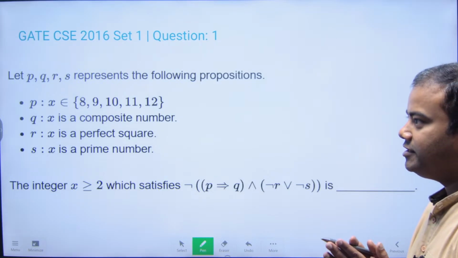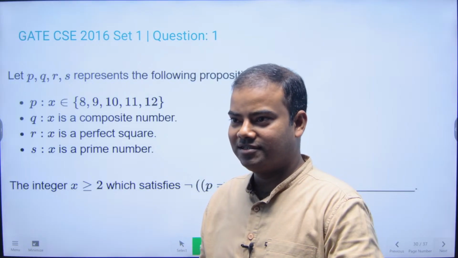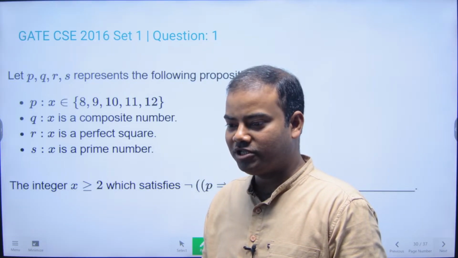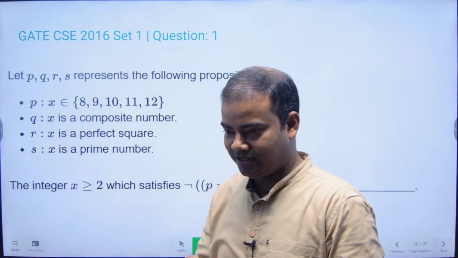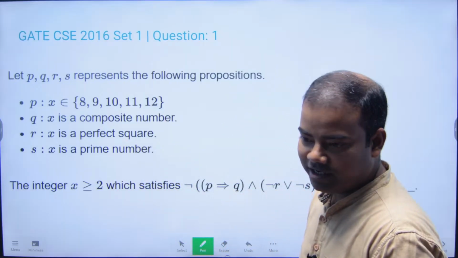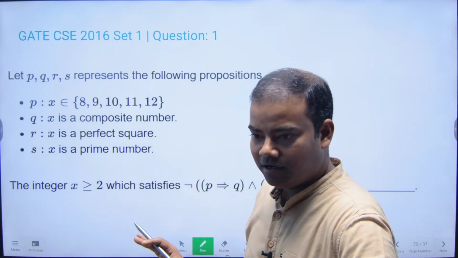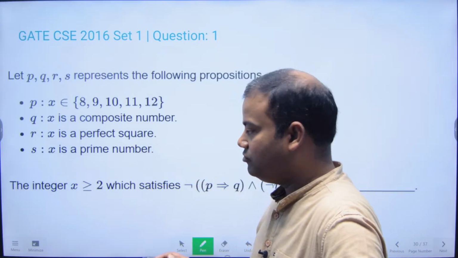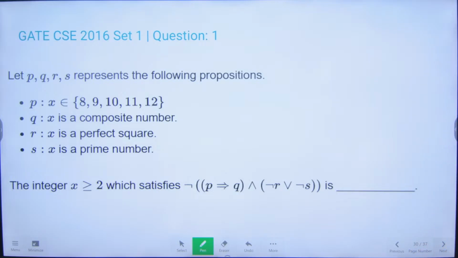One thing is important: a pure propositional logic question is normally not asked, they always mix it with some other thing. Here it is mixed with the concept of composite and numbers. You know what a composite number is, which is not prime. Perfect square you already know, prime number you also know. So now you can solve it.